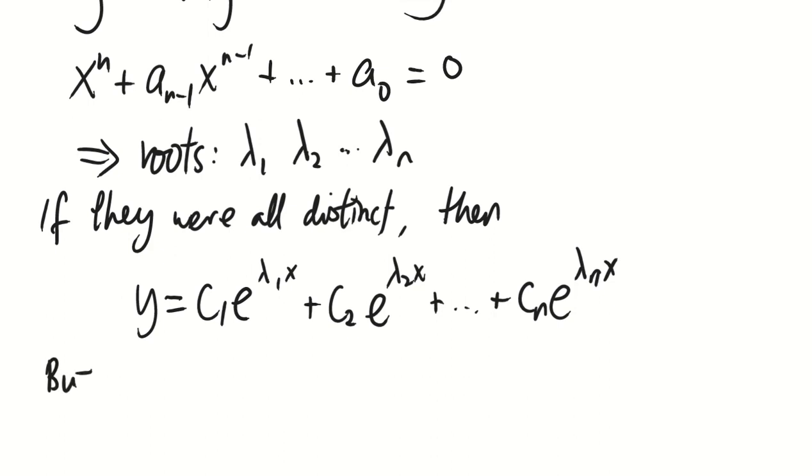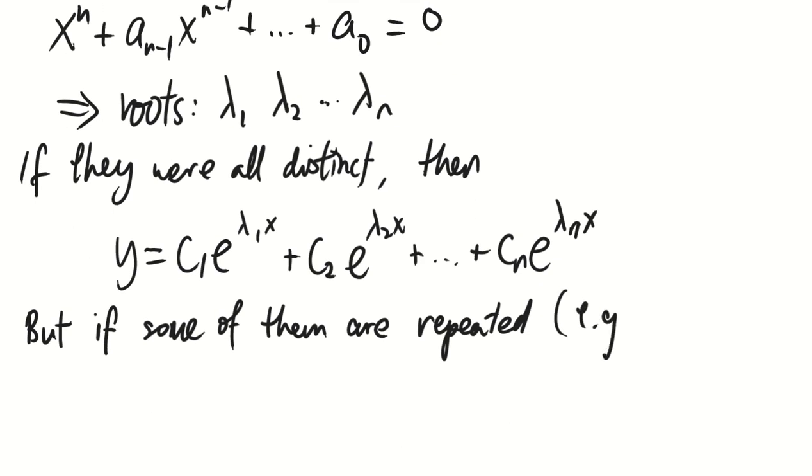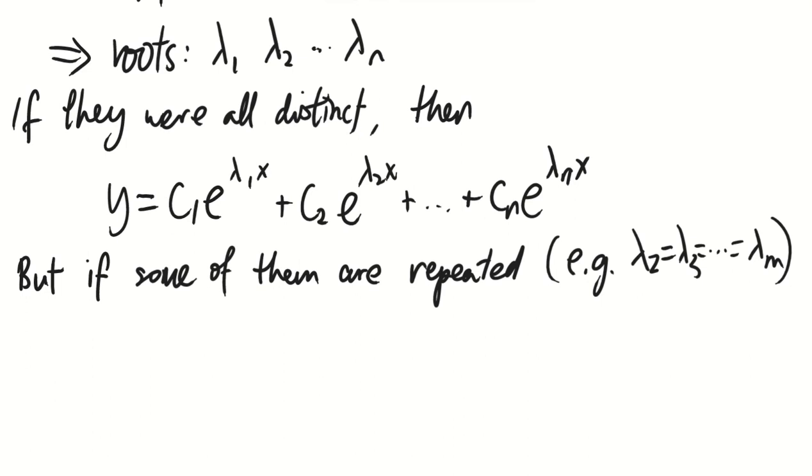But if some of them are repeated, I will just say, for example, let's say lambda 2 is equal to lambda 3 to lambda m, for example, then we basically replace those terms that involve lambda 2 to lambda m.